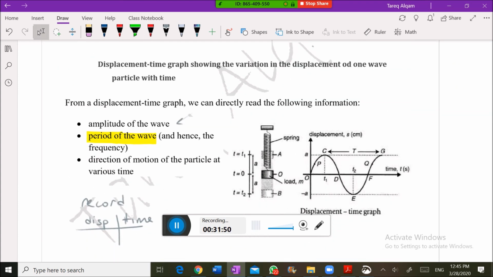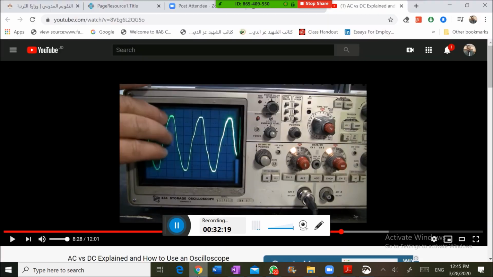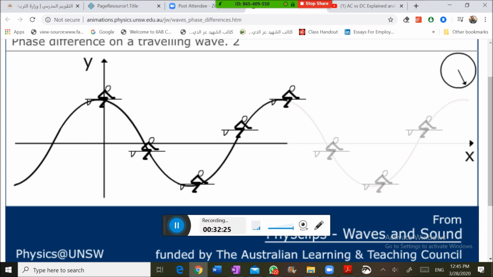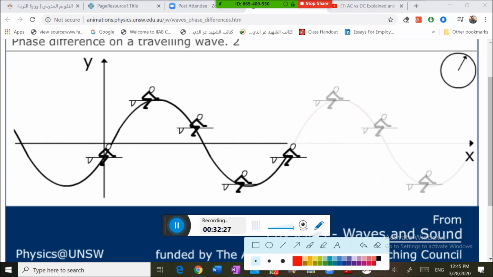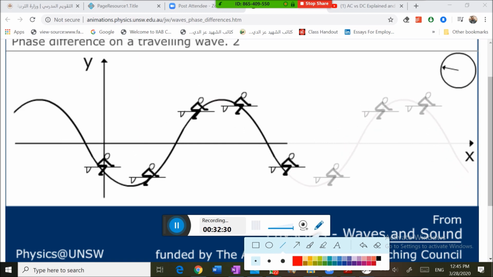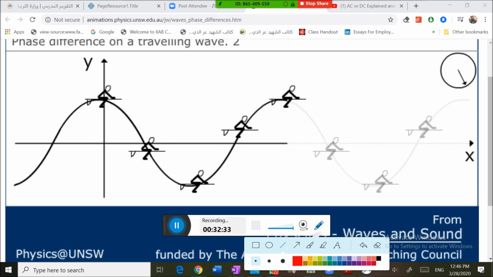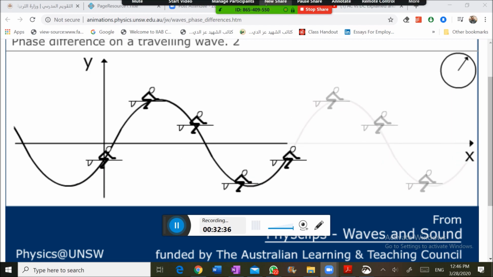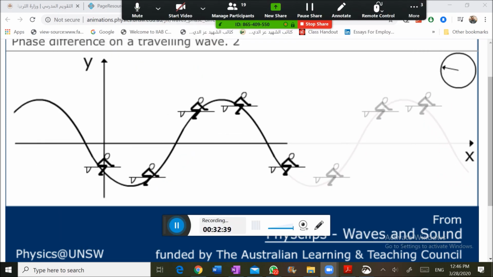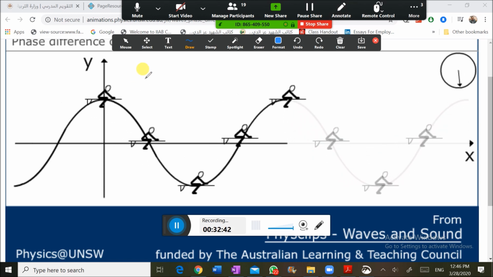The other representation is the displacement time graph. A displacement time graph shows the variation of displacement, guys, of one wave particle with time. Here, if I go back to the simulation, let's say I want to record this particle.